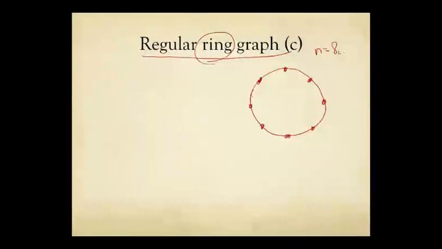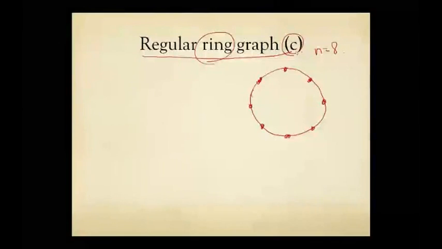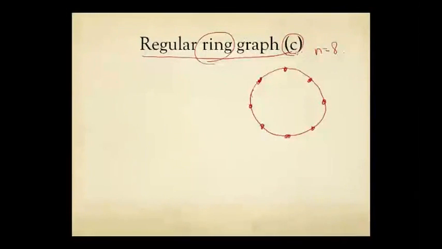Just like a random graph is parameterized by a number p, the probability of a link appearing or not, a regular ring graph is parameterized by a number c, a small c. Now this small c is not exactly what we just used, expected degree. Here it is the actual deterministic degree c. That's the number of neighbors each node has, the degree of each node.